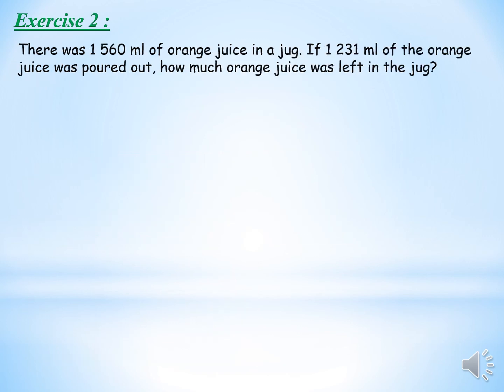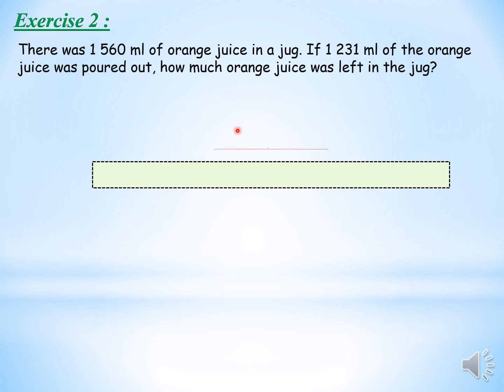We'll go to another word problem. Read the question. There was 1560 milliliters of orange juice in a jug. If 1231 milliliters of the orange juice was poured out, how much orange juice was left in the jug? I will show you how much orange juice was in the jug.